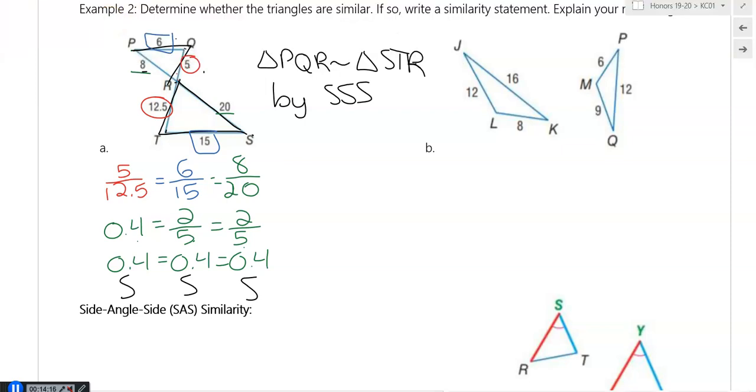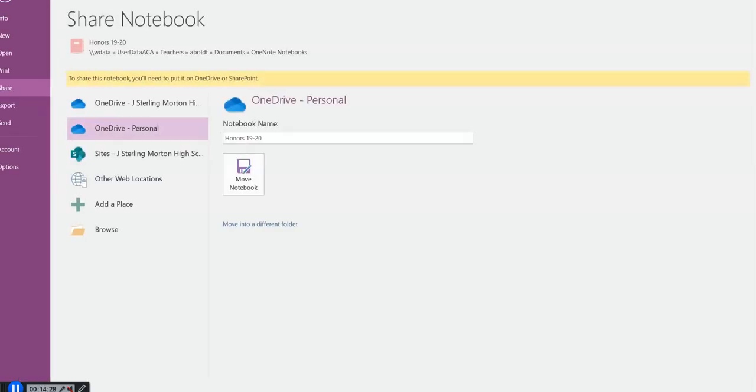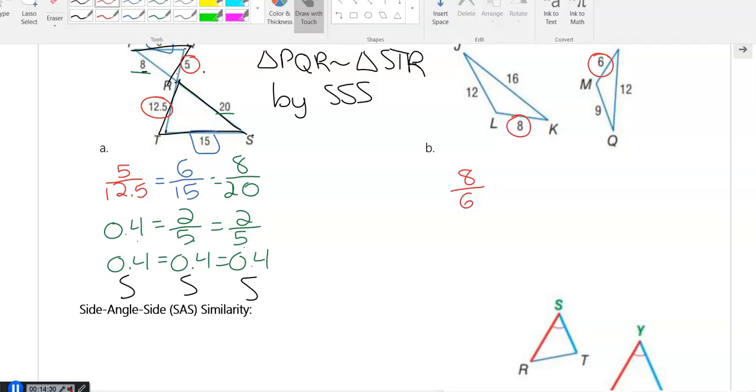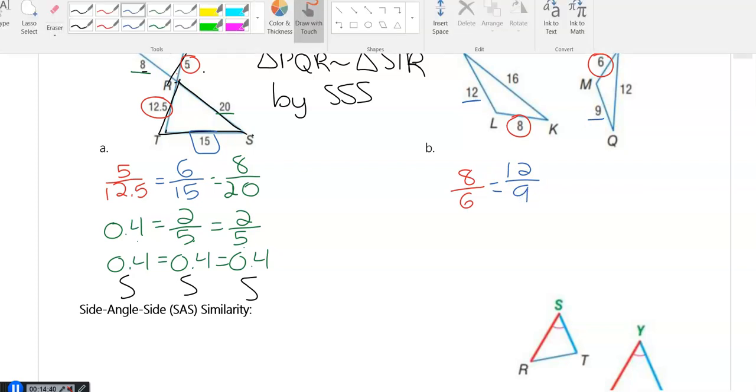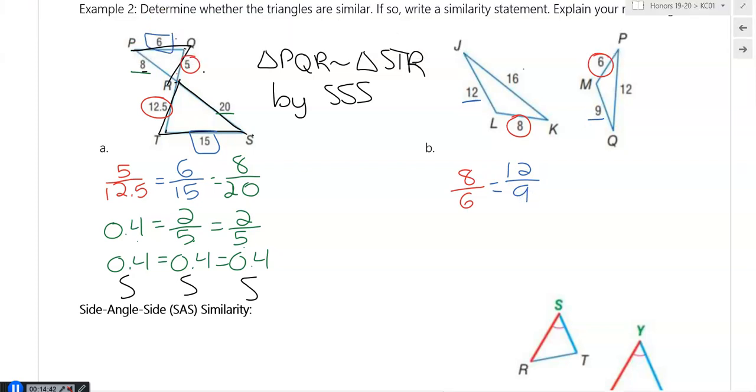So again, I have 3 sides, so I'm going to try and do side, side, side. So I'm going to start with my smallest side over my smallest side. And then my middle side over my middle side. And then my largest side over my largest side.